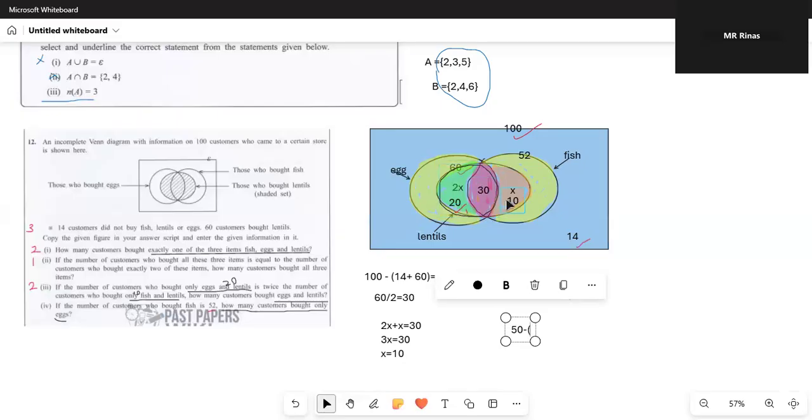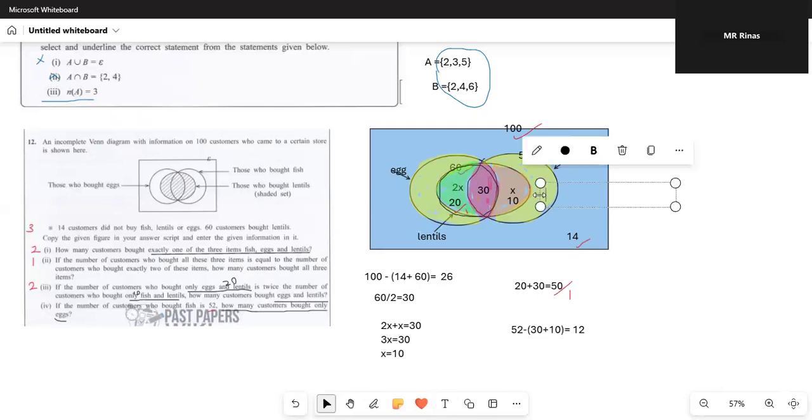So we are going to subtract that 30 plus 10 from 52. You subtract that, you will get the answer of 12. So the number of people who bought only fish is 12.